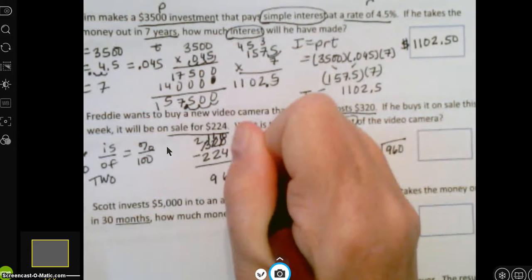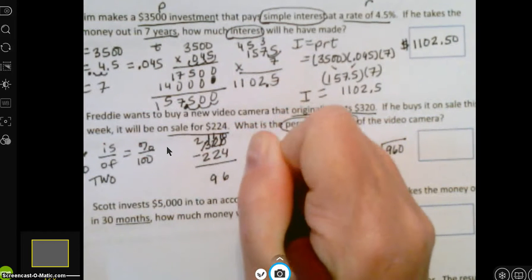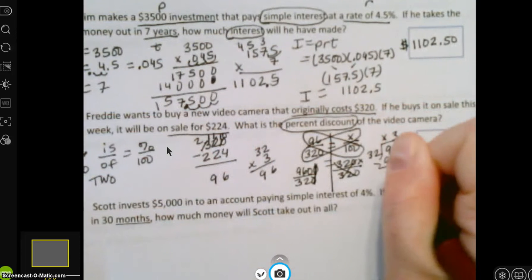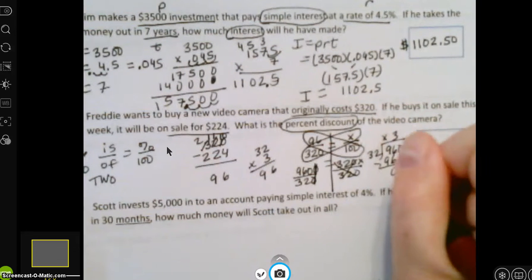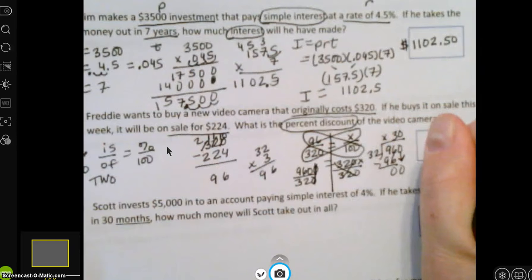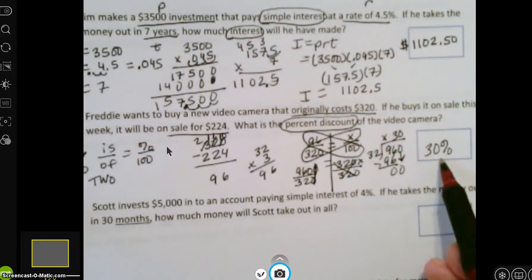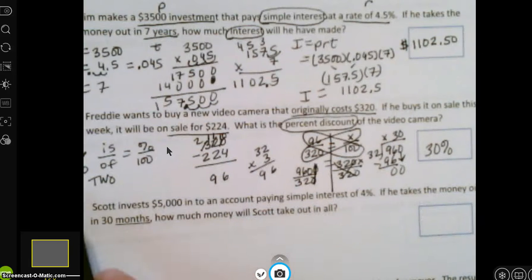And I already know 32 times 3 is going to give me 96. So 3.0 — do not forget you need another 0. So basically we just found the off. Okay, it was $320, it's 30% off, and now the sale price is $224.